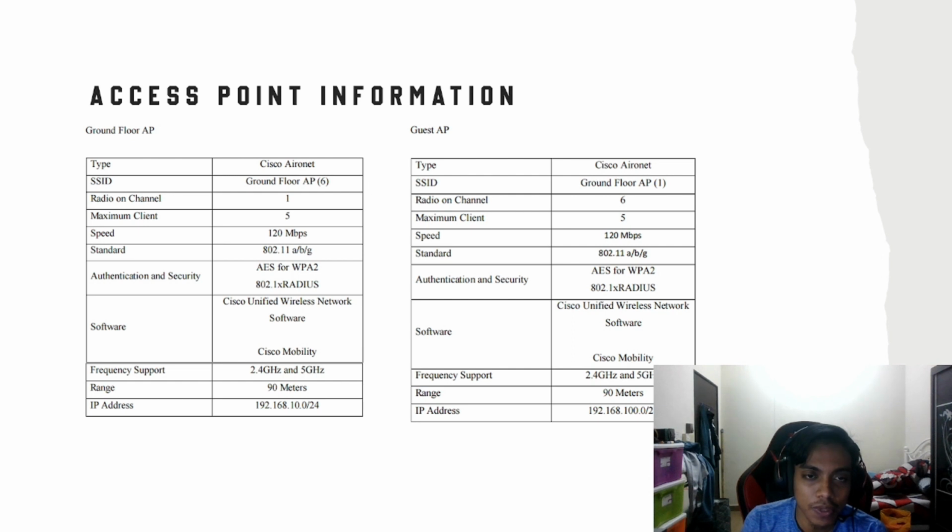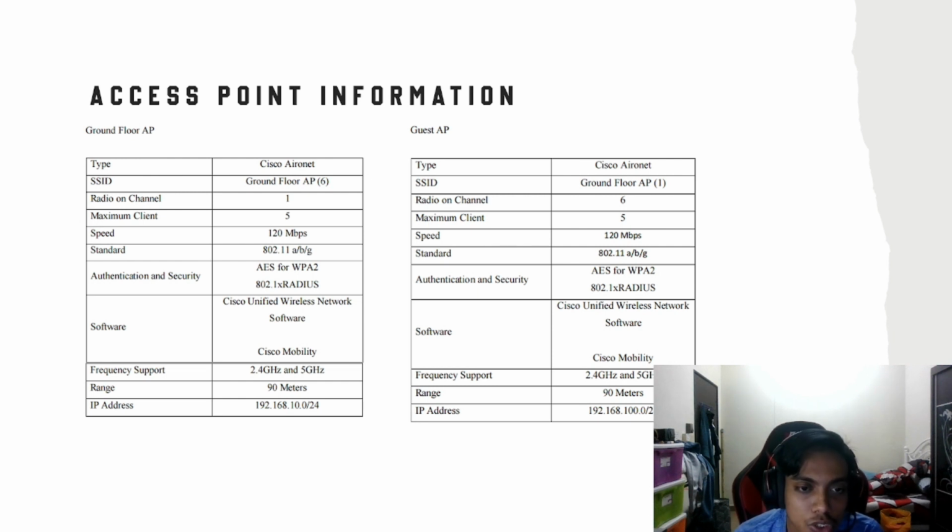SSID Ground Floor AP6, radio on channel 1, maximum clients 5, speed 120 Mbps, standard we use 802.11 a, b or g, authentication security AES WPA2, and then 802.1X RADIUS.